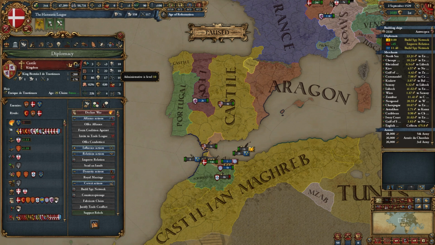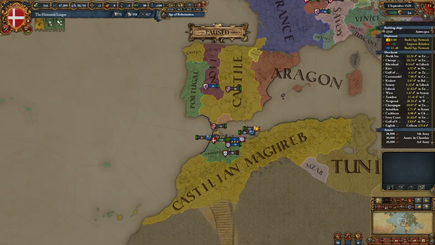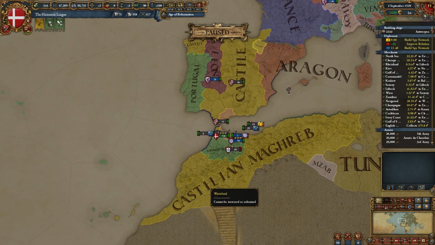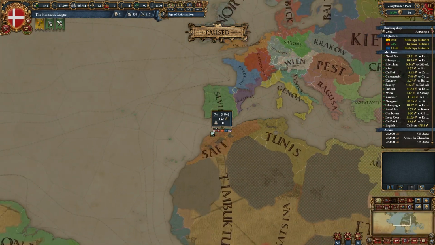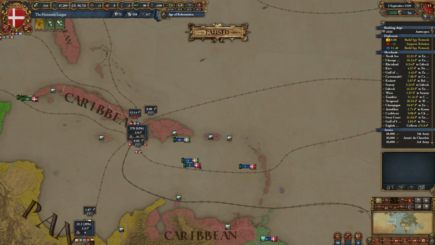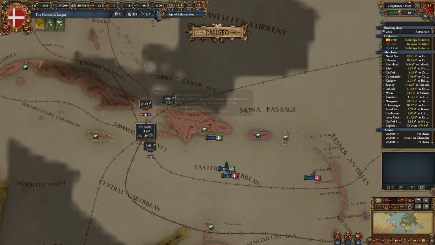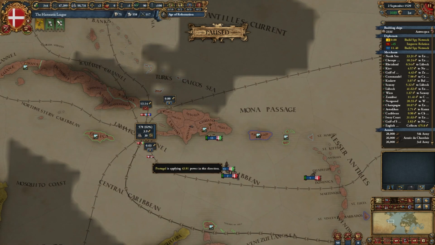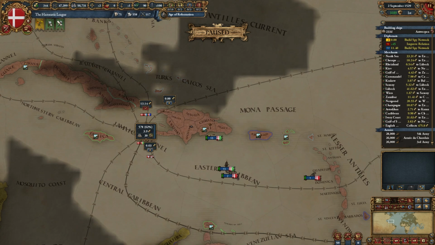And this is basically the most important thing for me to do, because I want to reach a state where Castile and Portugal don't have any trade ports anymore, or any ports in general, so that they are not able to send merchants to the Caribbean over here, which you notice obviously they do, even though they get almost nothing out.